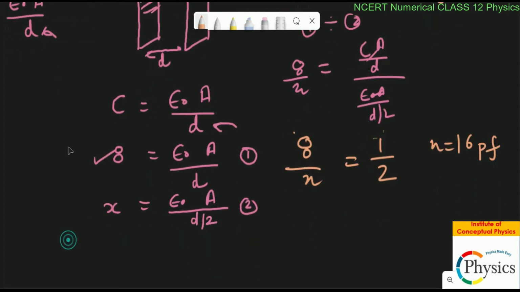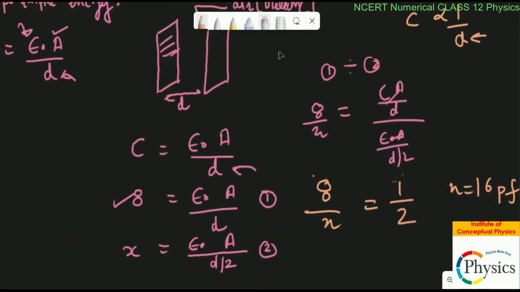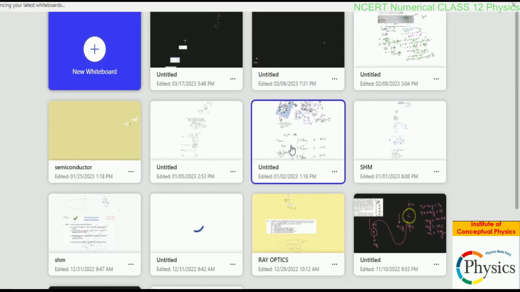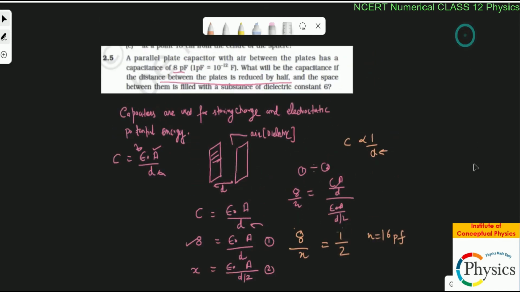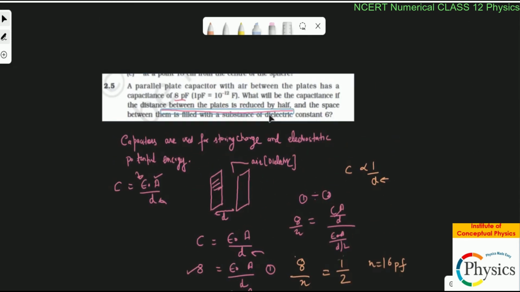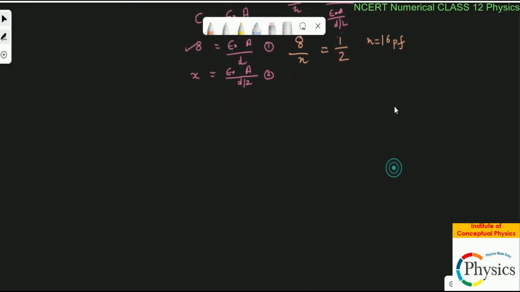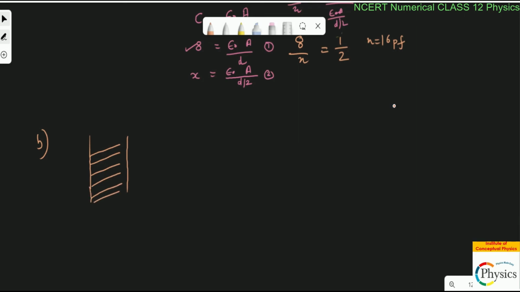Let's go to the second part. In the second part, a dielectric has been introduced, and the new dielectric has a dielectric constant of 6. So if you have a parallel plate capacitor and you fill this with a dielectric, what happens is the new potential difference between the plates goes down by the value of K, which is the dielectric constant.